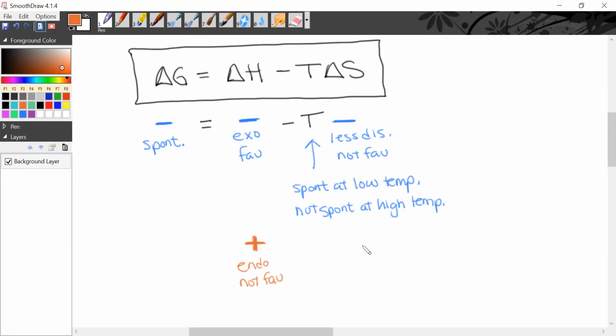And let's say delta S is positive, which is favorable. More disorder, which is favorable, right? Oh no. All right, so let's think about, just like we did before, what is going to make this reaction spontaneous? So minus temperature.